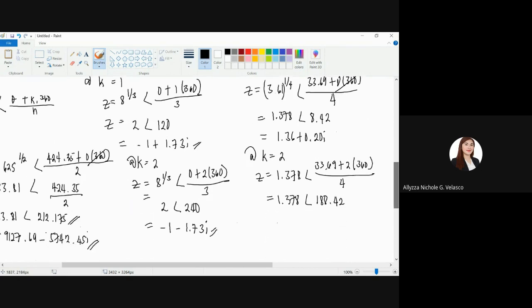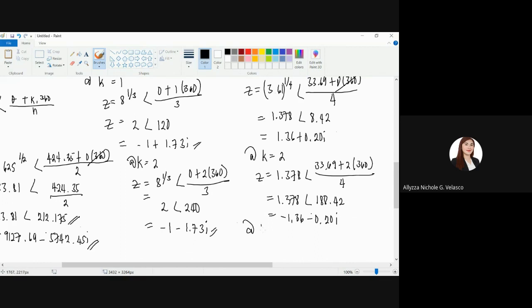So therefore, ang atin pong equivalent sa rectangular form ay 1.378 angle 188.42 is equal to negative 1.36 minus 0.20i.